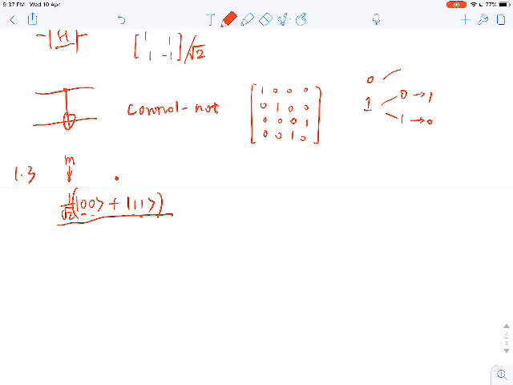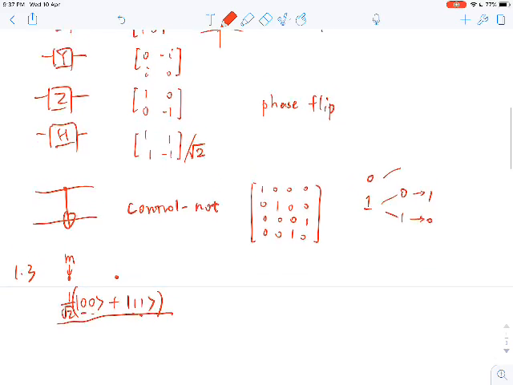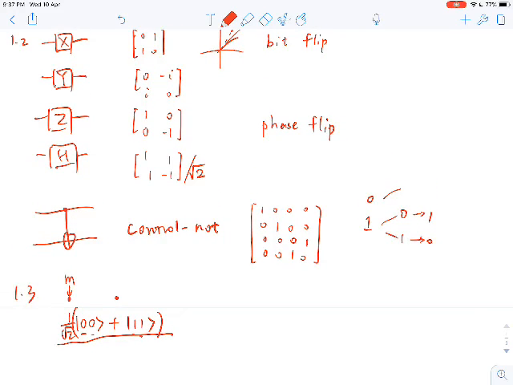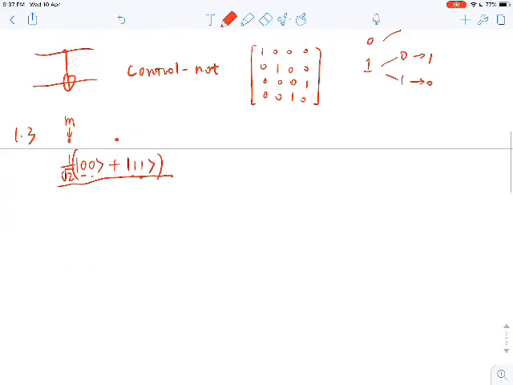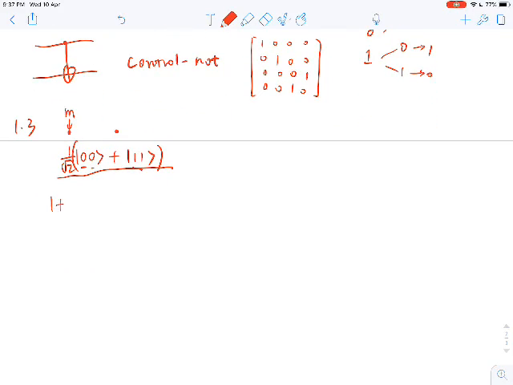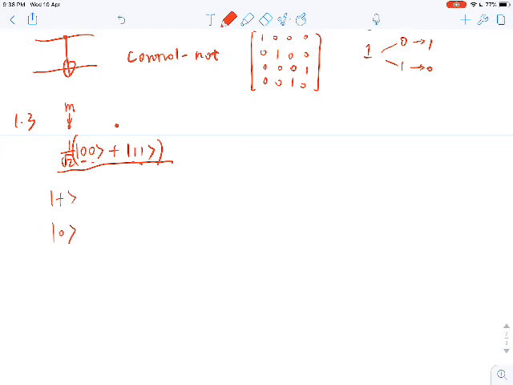And how can we produce such a state? We will use control NOT gate and Hadamard gate. Not Hadamard gate, but some state like this. And plus is just the superposition of 0 and 1. Minus is also a superposition.